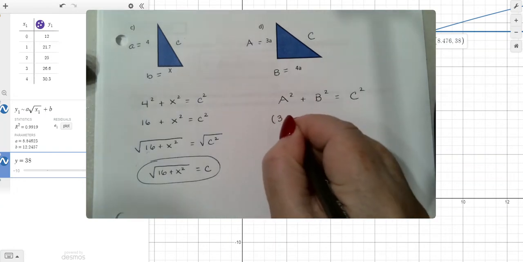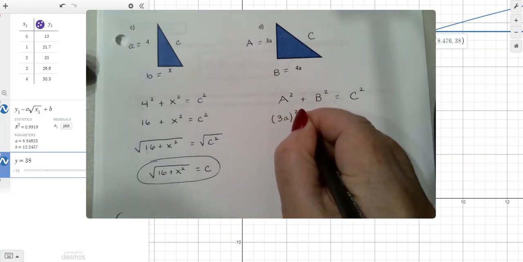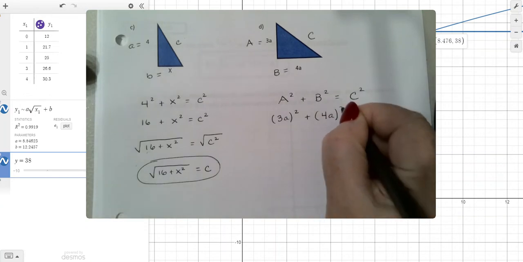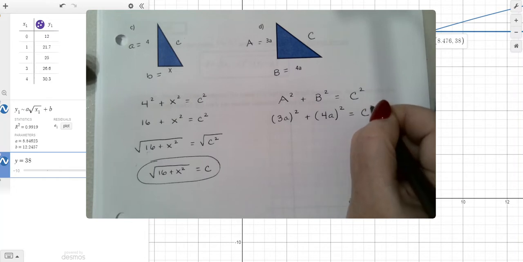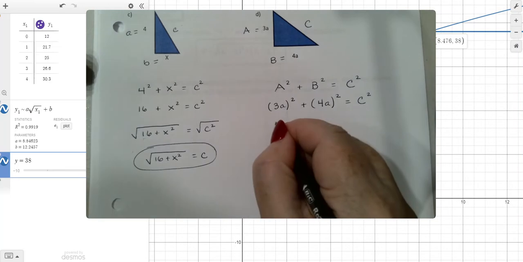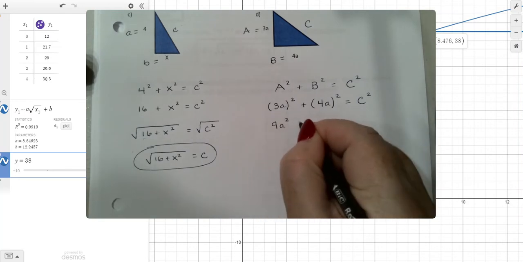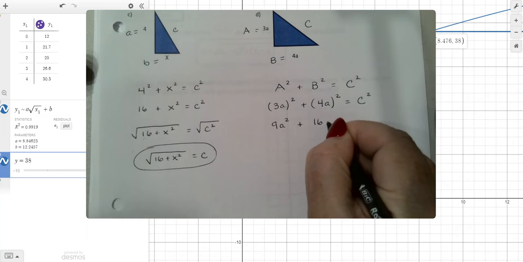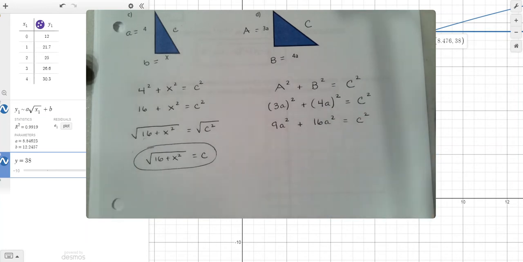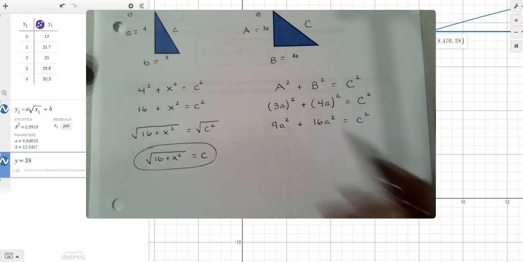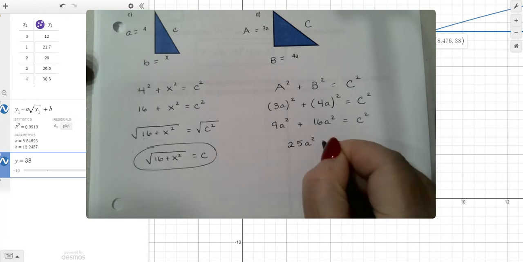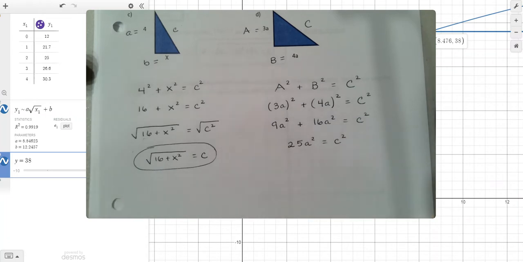So I'd have 3A squared plus 4A squared equals C squared. That would be 9A squared plus 16A squared equals C squared. And those are like terms, I can go ahead and add them up. 25A squared equals C squared.